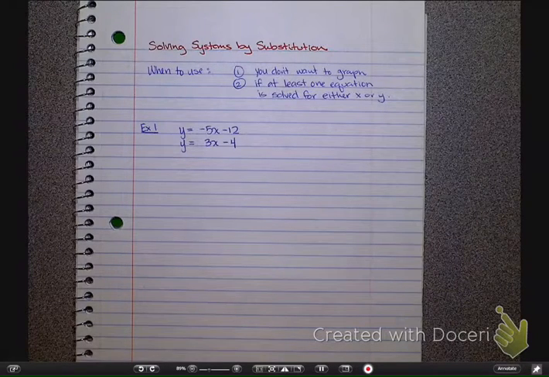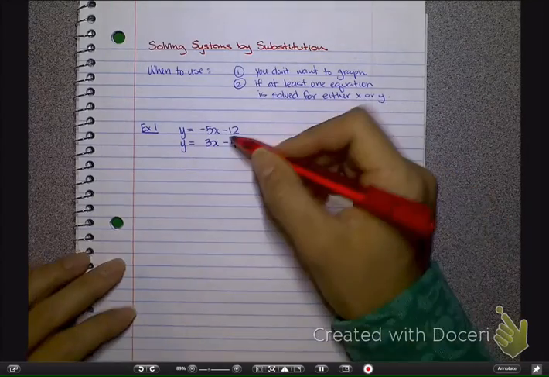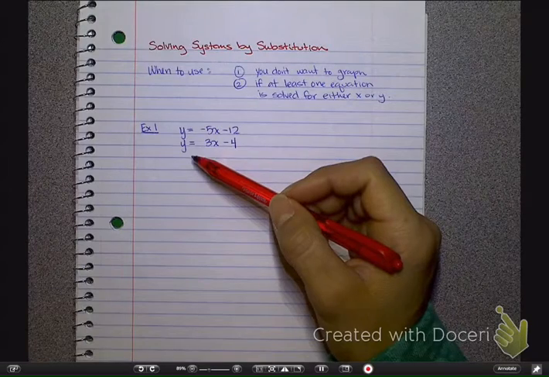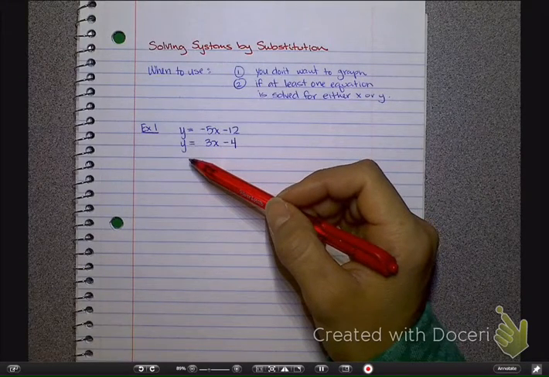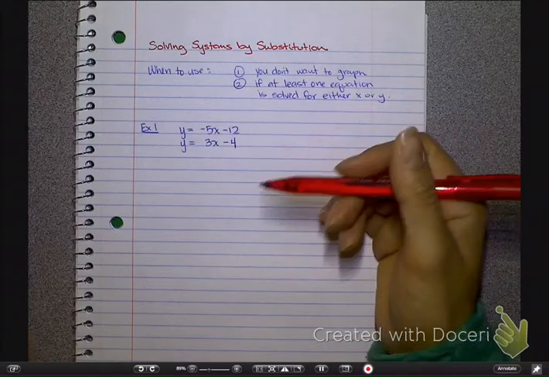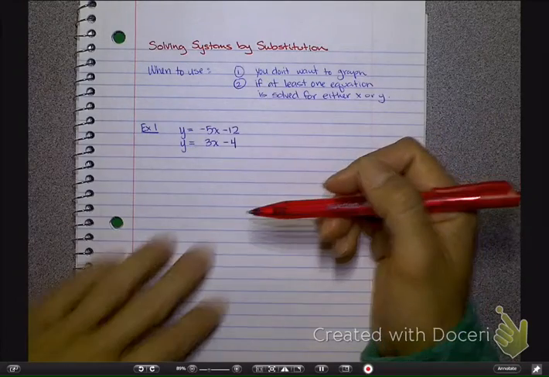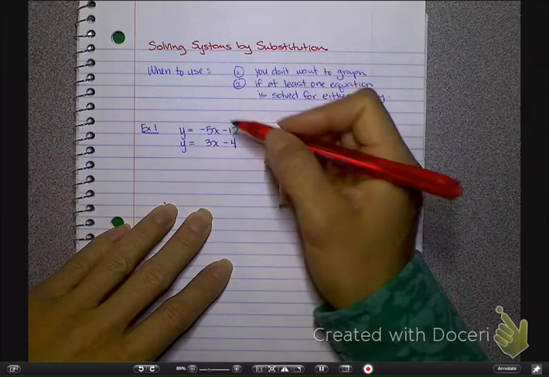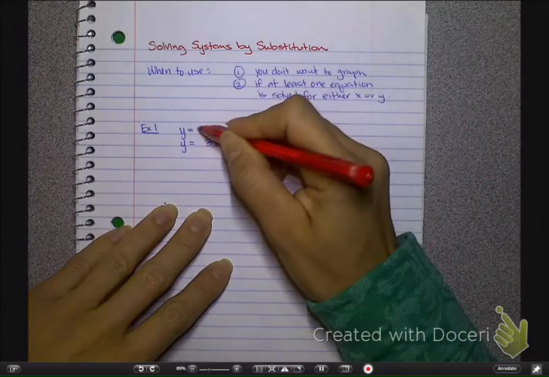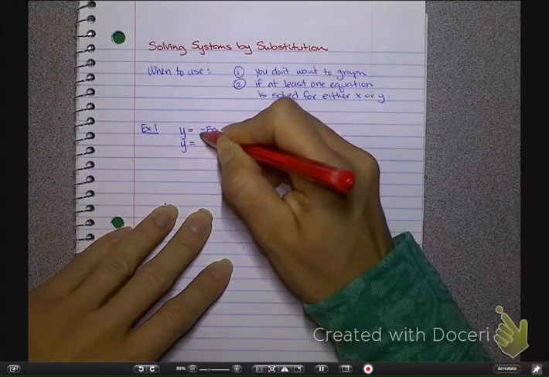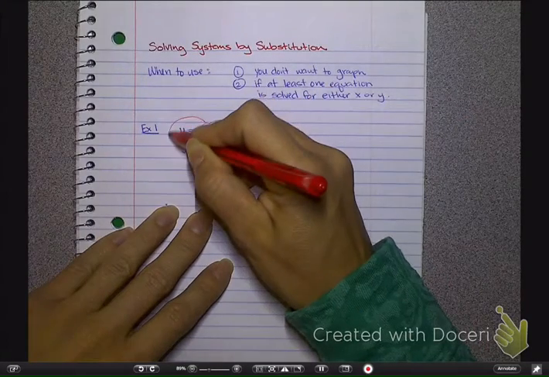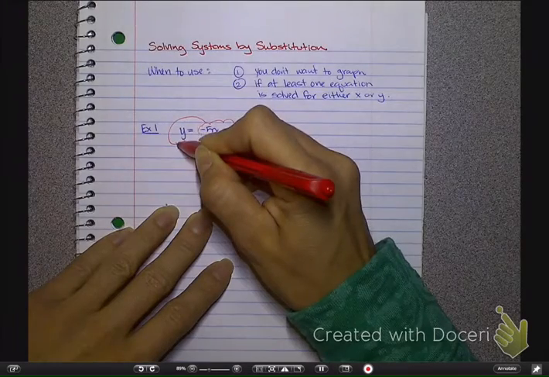So what you're doing in the substitution method is you're taking one of the equations, the one that's set equal to y, or set equal to x, in this case they're both set equal to y, and you're going to plug it into the other one. Now, it doesn't matter in this one since they're both solved for y what I do. But what I'm going to do is take this whole part and plug it into the other equation in the place of y.